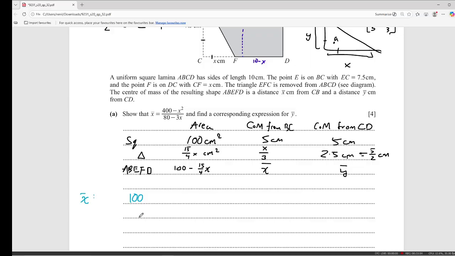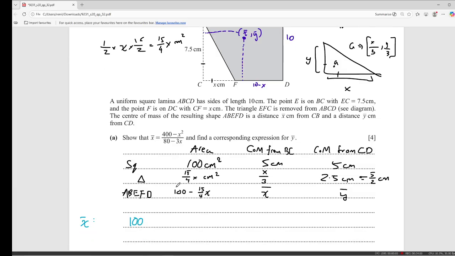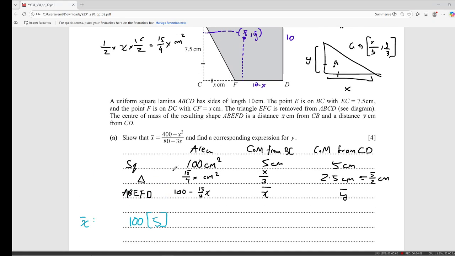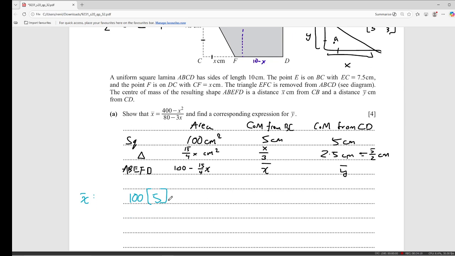If we are considering all the horizontal moments that cause the shape to have an x mean, we're going to say it's 100 times the center of mass from BC, which is 5. So a positive 100 times 5 is the moment that's created. But whenever we're dealing with areas, we include another term. We can call it sigma, or we can call it rho.